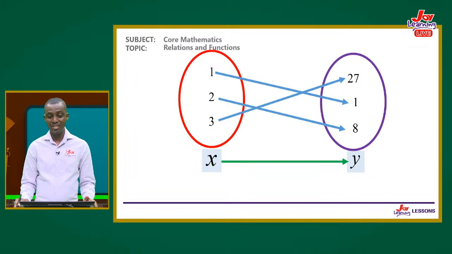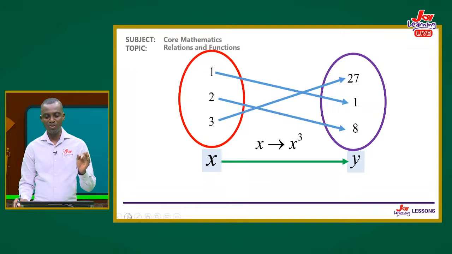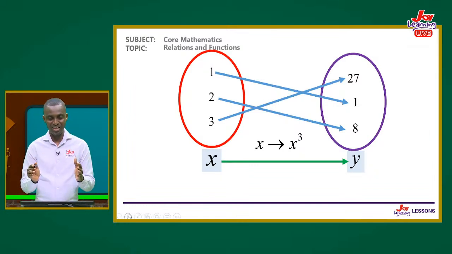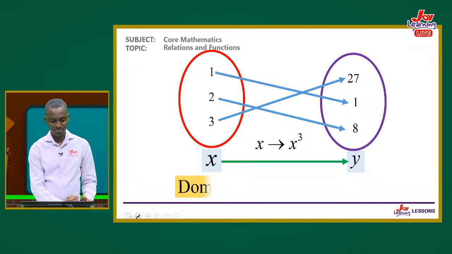Here you can see that the relation is that if you pick the value X, you cube it and you get the corresponding value Y. Meaning 1 cubed is 1, 2 cubed gives you 8, and 3 cubed gives you 27. So that is the relation.